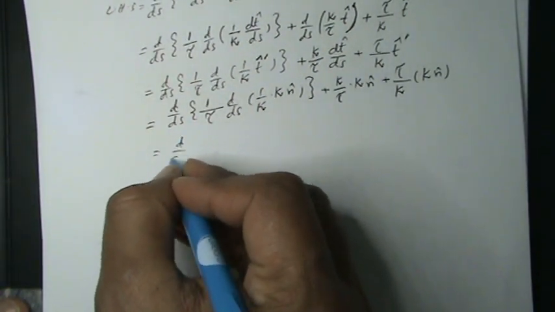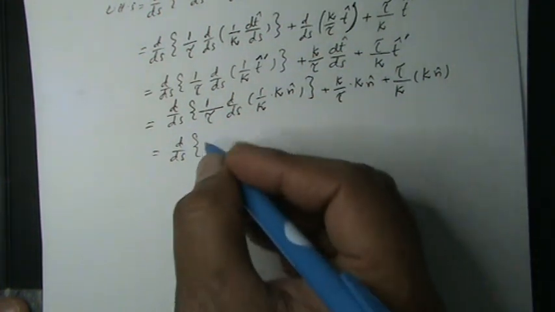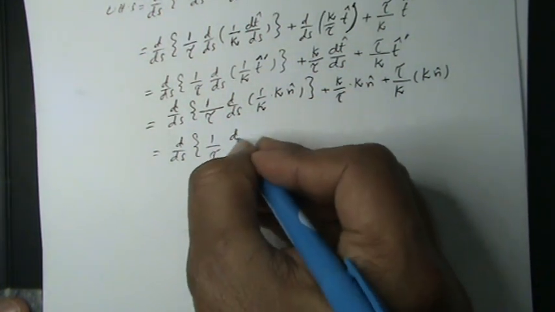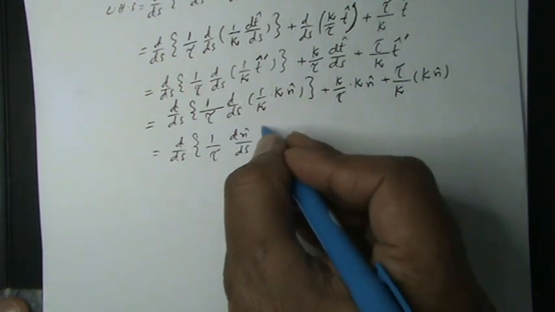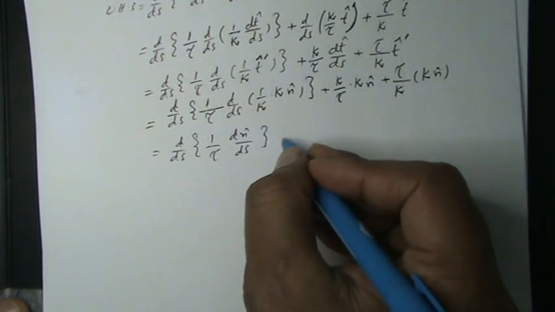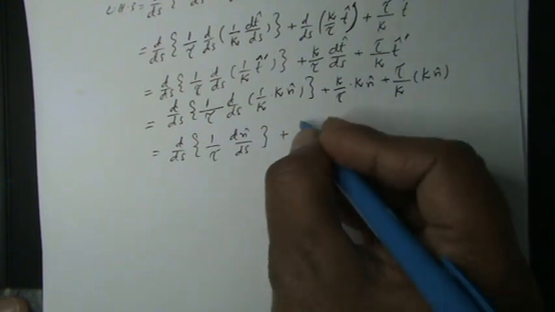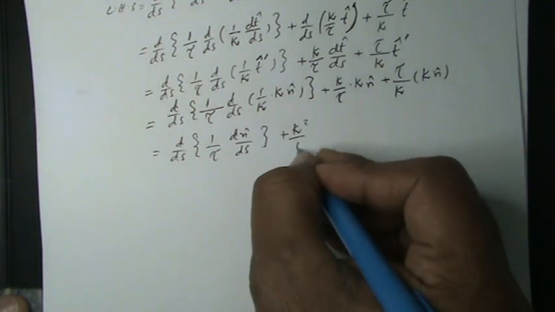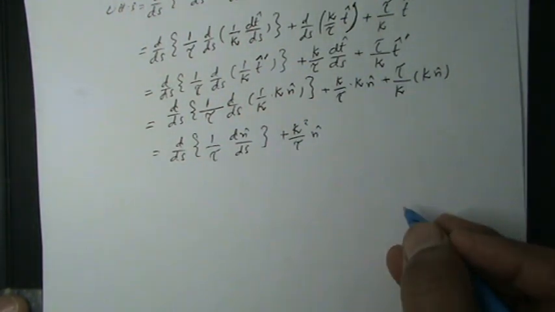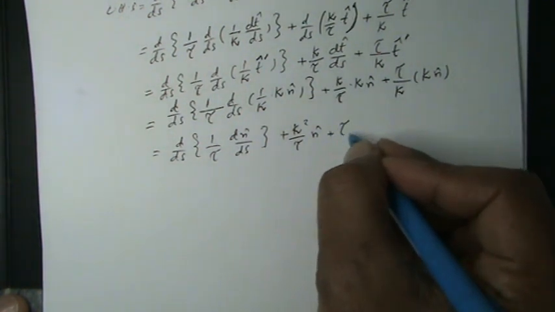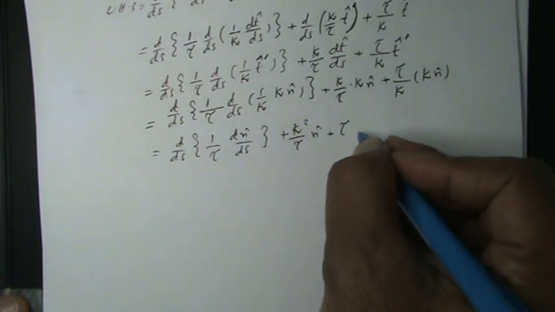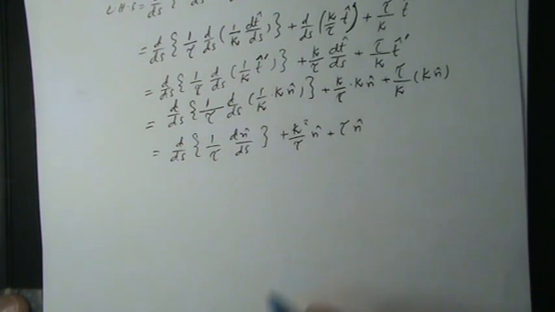This is equal to d by ds of 1 over tau dn unit vector over ds, plus kappa square over tau n unit vector, plus tau n unit vector.